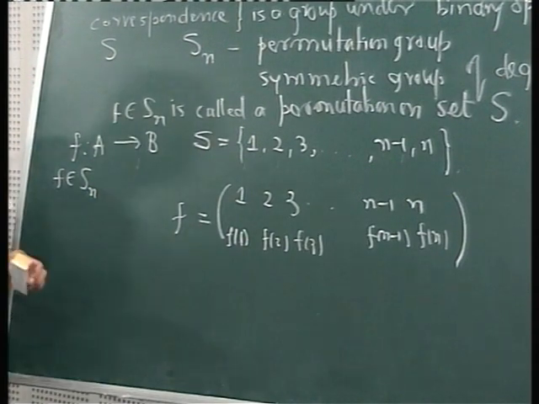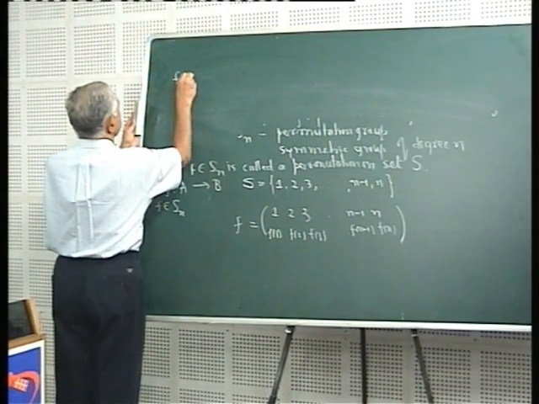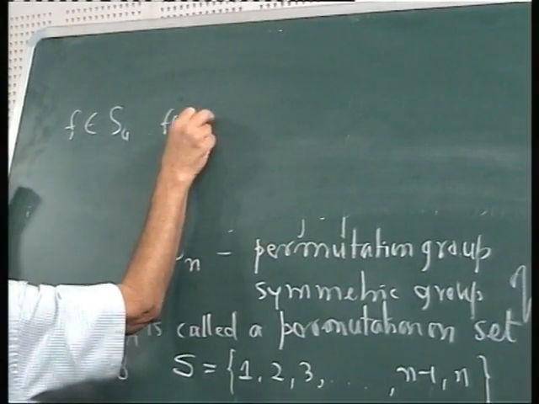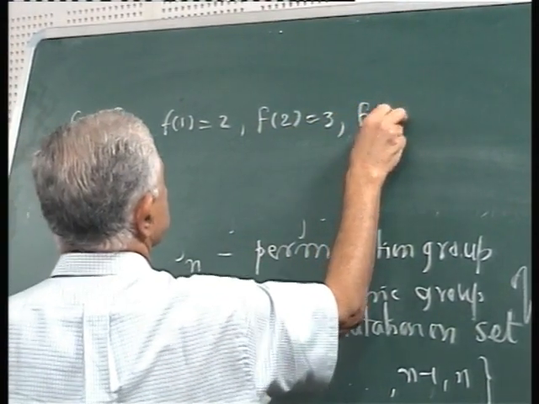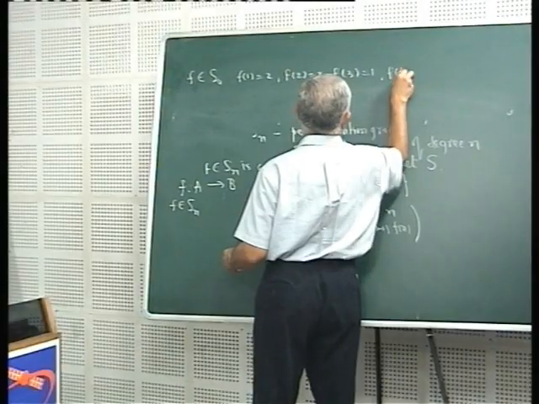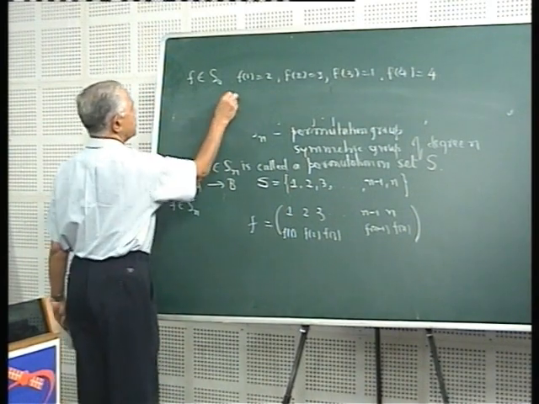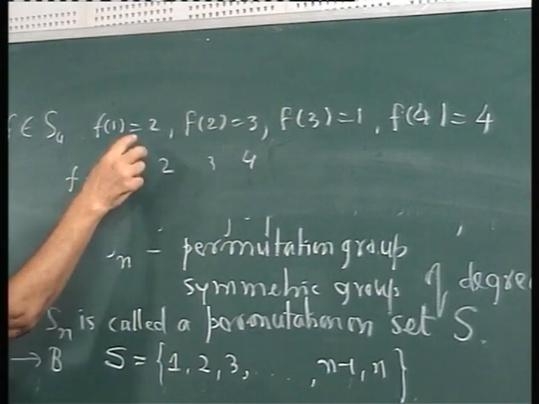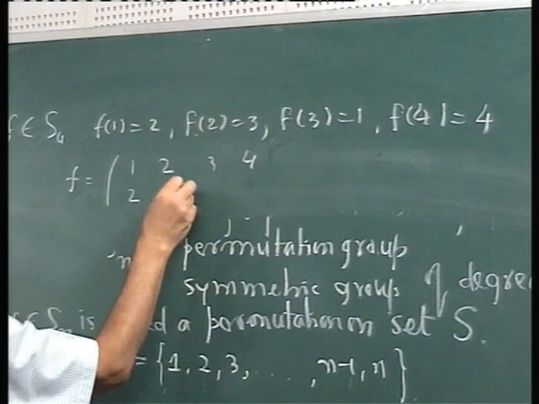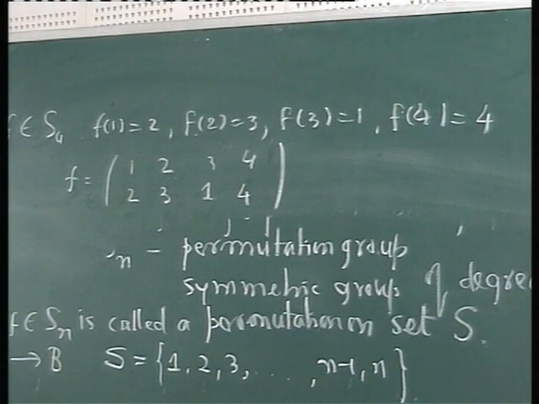Now we take two illustrations. Suppose f belongs to S_4 and f(1) is equal to 2, f(2) is equal to 3, f(3) is equal to 1 and f(4) is equal to 4. Then we can write down this f in this form: 1, 2, 3, 4. Below 1 we write the value 2, below 2 the value 3, then 1 and 4. This is the representation of the permutation f belonging to S_4.